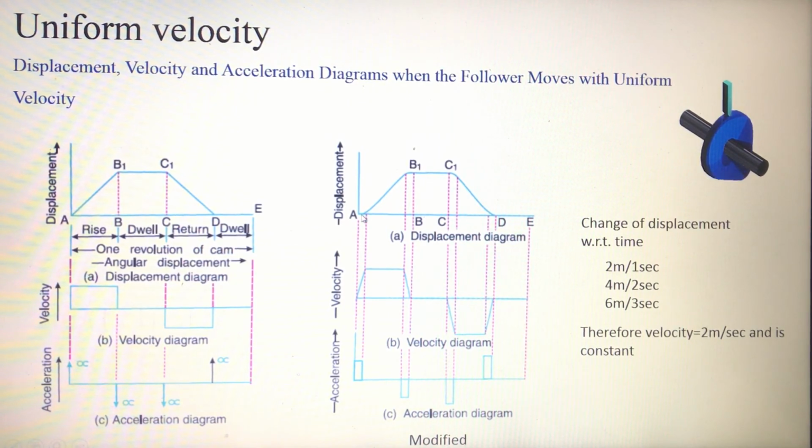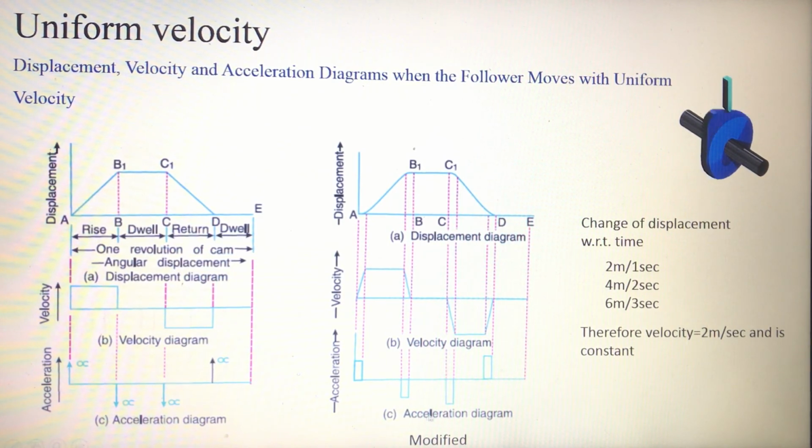Because of this shape, velocity gradually increases from 0 to some maximum value, then becomes constant. If velocity changes gradually with respect to time, you definitely have some definite amount of acceleration. So you can limit the acceleration to a definite amount and avoid infinite acceleration by providing these curves.